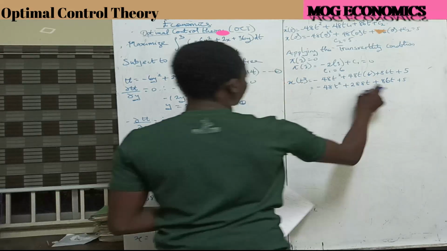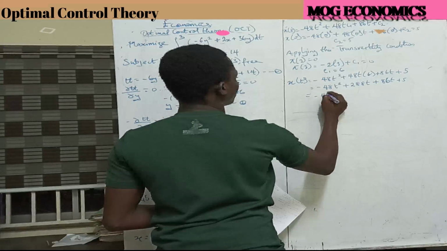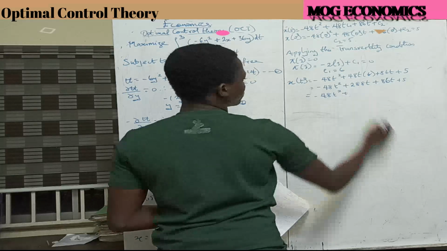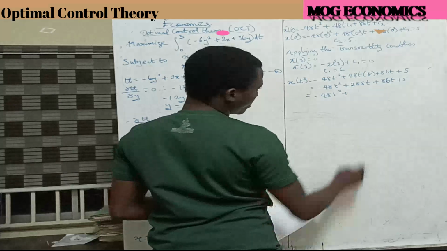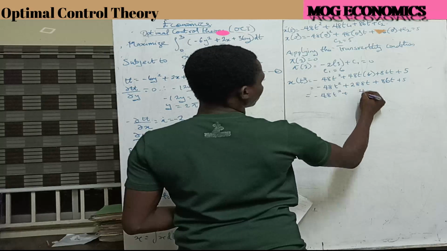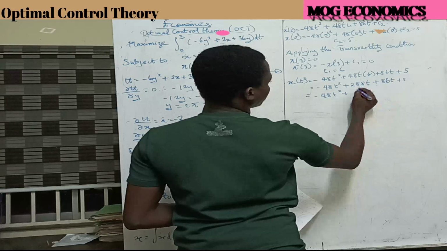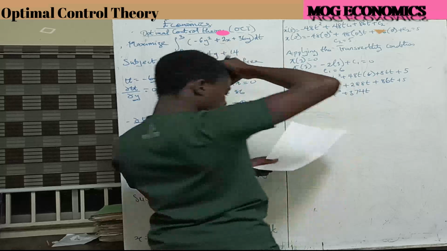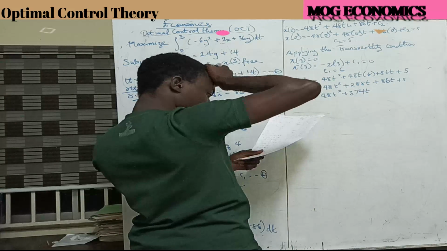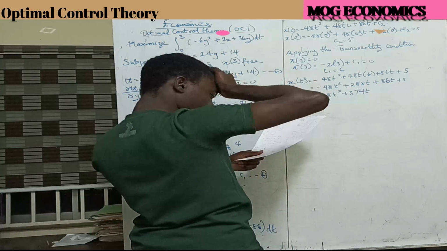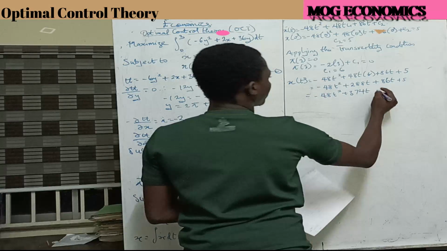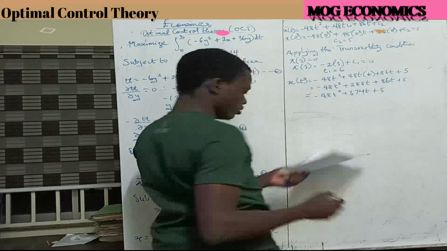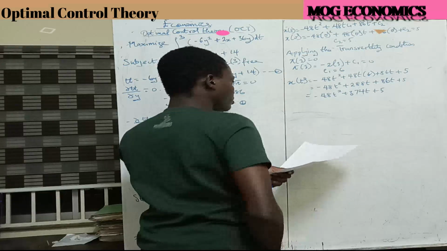So you can add these two: minus 48t squared plus 374t. I just hope that's right. Plus 5. So this is our state variable.